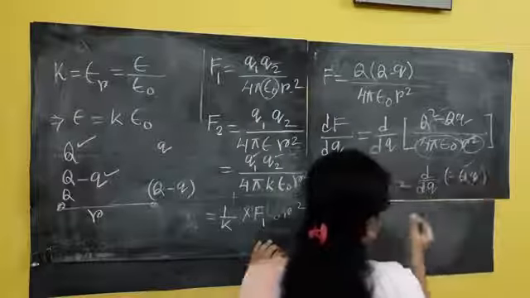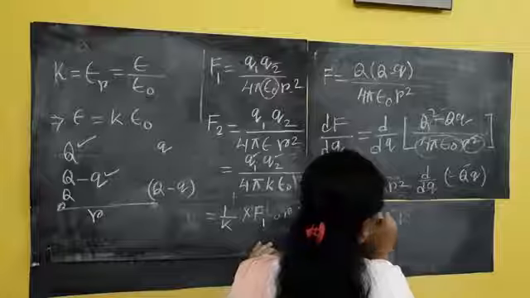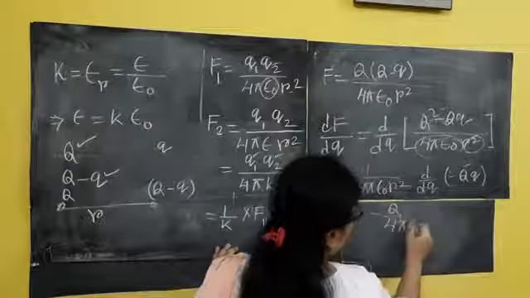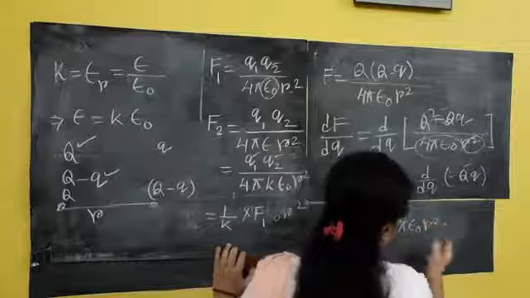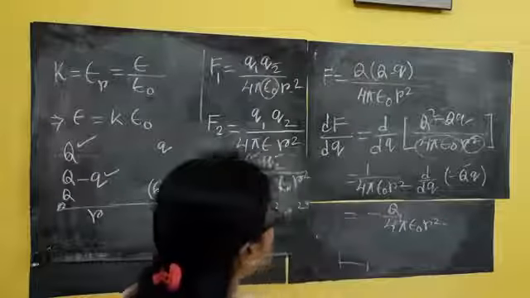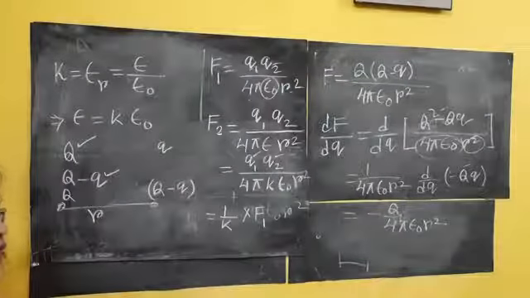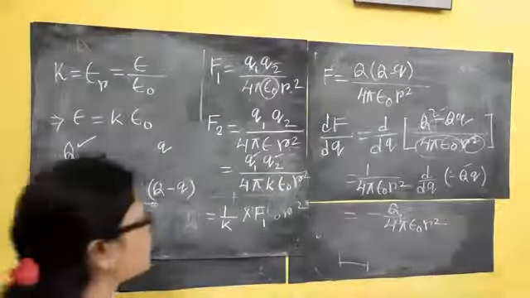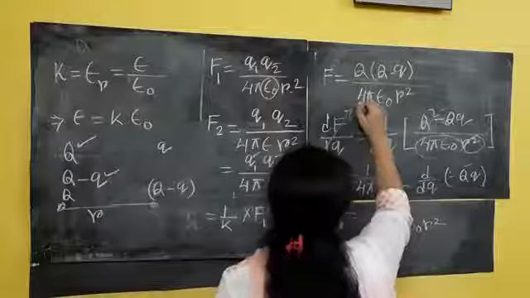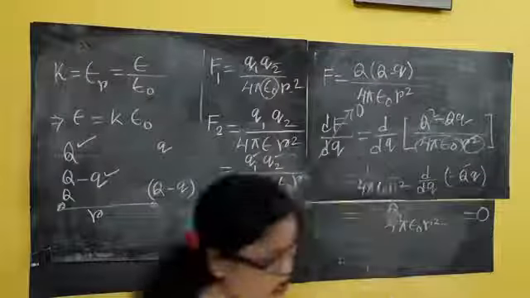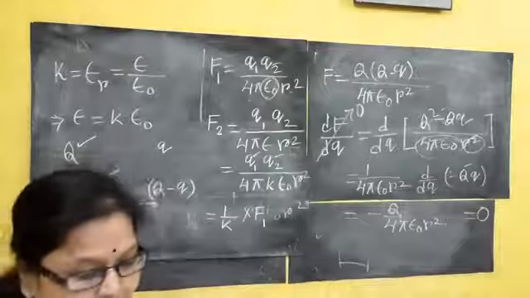Here this q is a constant, so I will have minus q by 4 pi epsilon 0 r square. Clear? So this is the value of differentiation. To find the maximum value, this dF by dQ should be equal to 0. So put 0 here. What will I get?